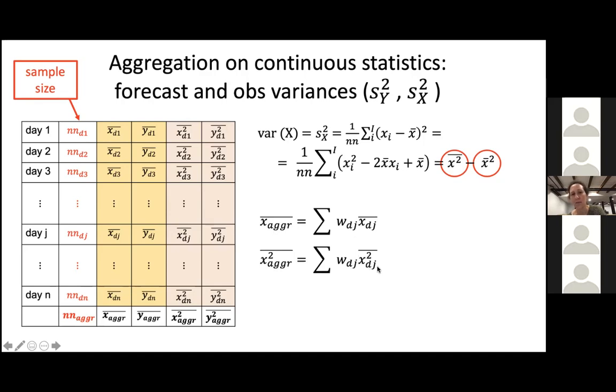You calculate it with what I call the atomic statistics: the aggregated daily squares, weighted always by the sample size. And so you can obtain the aggregated variances by subtracting these 2 quantities.